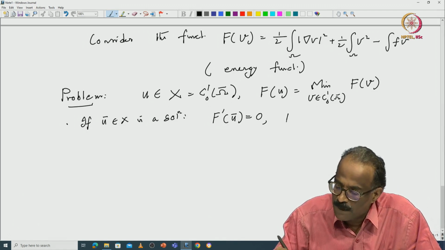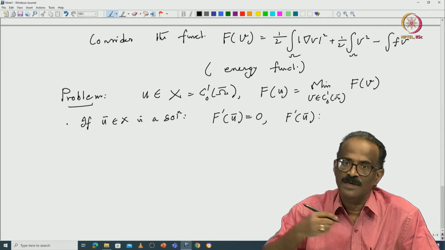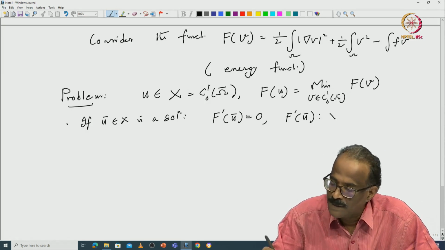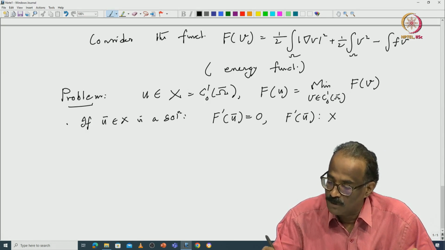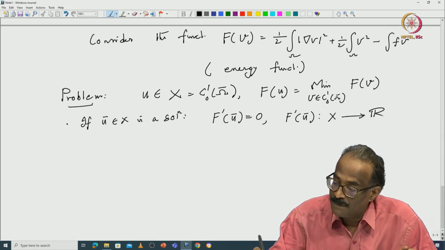But what is F prime of u bar? Because it is a Frechet derivative, it is a mapping from X. That is a question you have to settle, which will make it very clear.